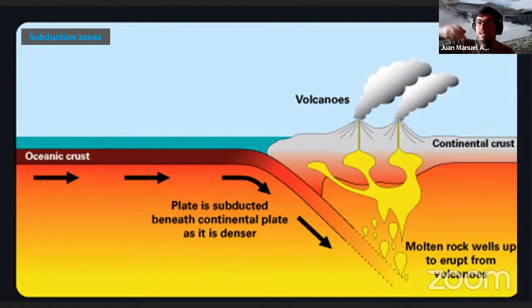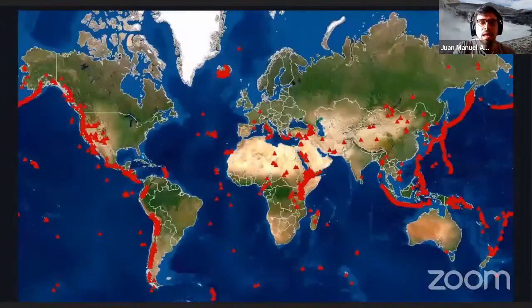This water is liberated into the mantle, and these rocks are melted down. It's a complex chemical process, but this is one of the mechanisms that forms the volcanoes located here in the subduction zones.